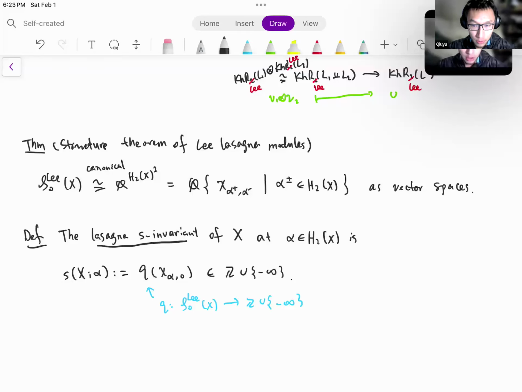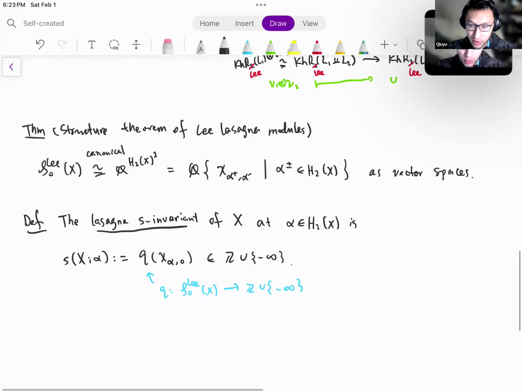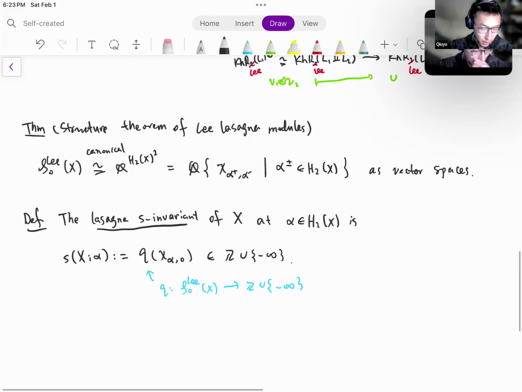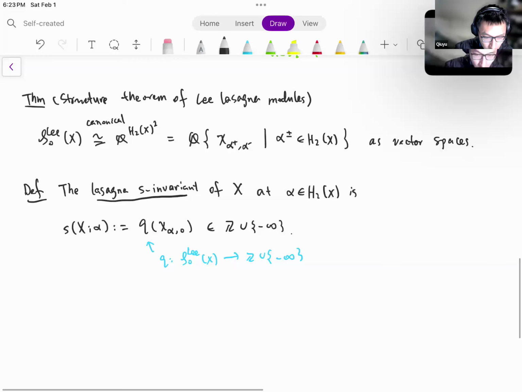Okay, any questions at this point? I guess I haven't said anything with real essence, but now I'm going to list some formal properties enjoyed by this lasagna s-invariant.